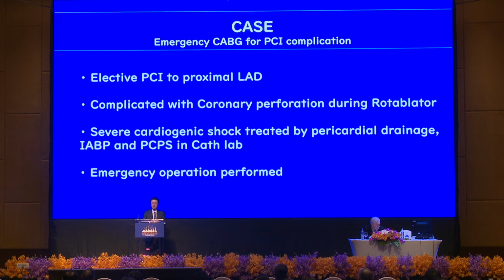She developed severe cardiogenic shock, which was emergently treated with pericardial drainage, and then a balloon pump was inserted, and then PCPS VA bypass was started in the cath lab. We were called to the cath lab, and as soon as I saw the situation, I decided to do emergency surgery.